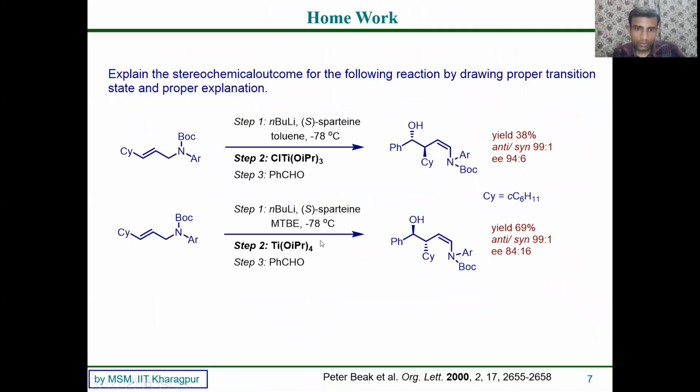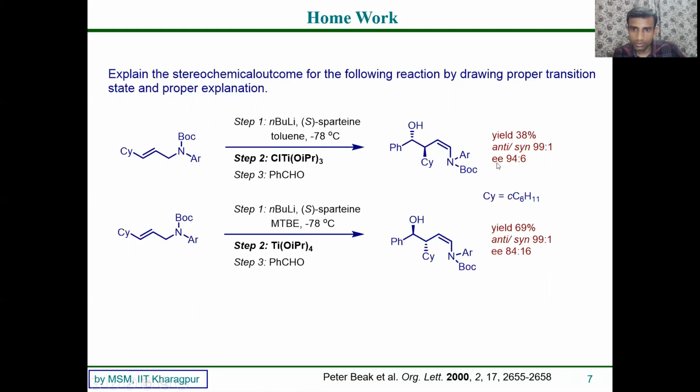Okay, so with this I want to complete this small video. Here is one homework for you. You have this substrate, the same substrate, and you are treating it with n-butyl lithium and sparteine in toluene. Then transmetallation with chlorotitanium triisopropoxide gives you this enantiomer, the anti product, with a 94 to 6 enantiomeric ratio.